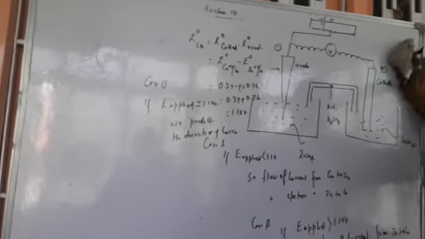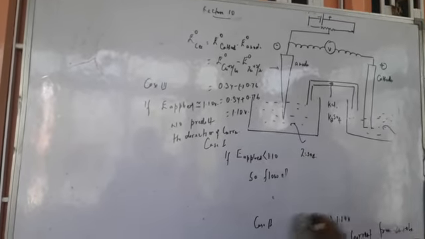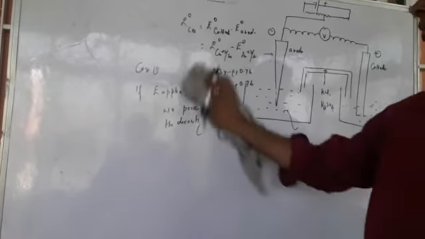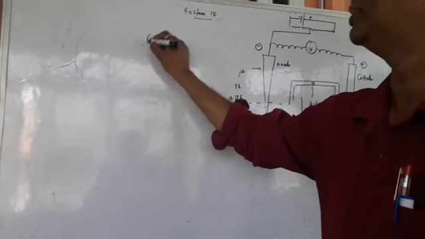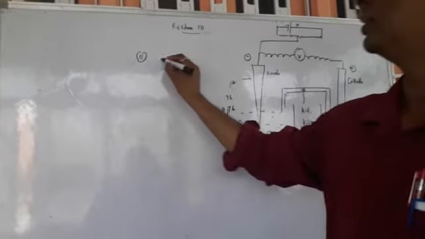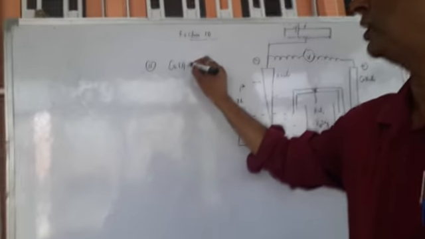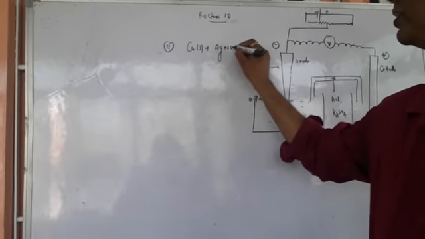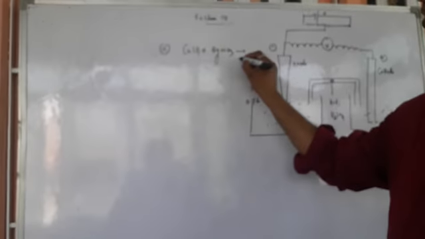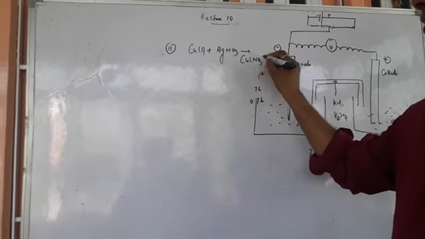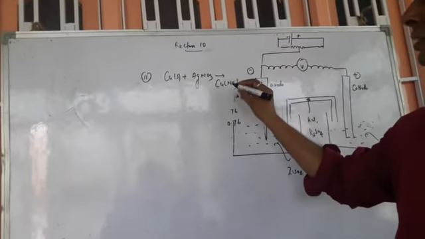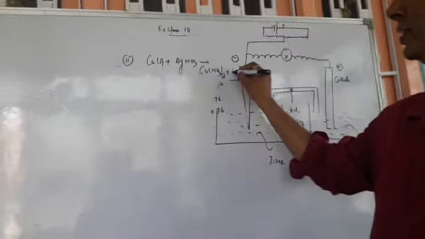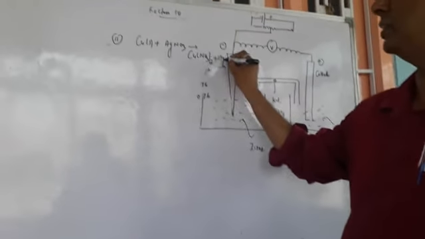Now we discuss another example of a galvanic cell or electrochemical cell. We can construct the following cell reaction: copper plus silver nitrate converts into copper nitrate plus 2 moles of Ag.